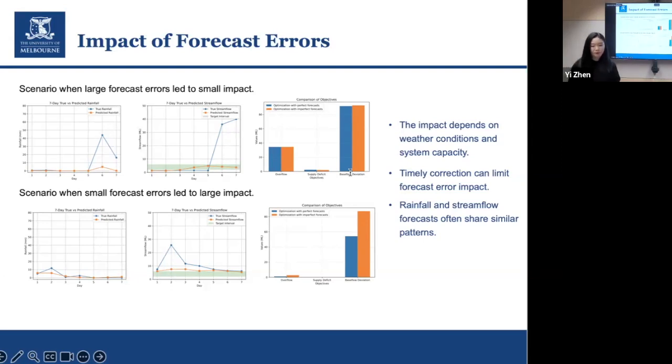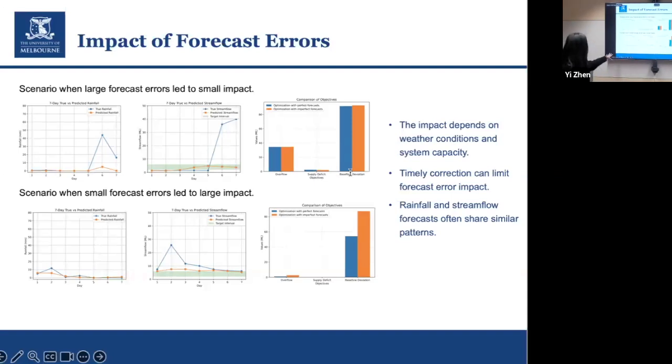And also because we apply the model predictive control and update the forecast every day, if a large forecast error gets corrected in time, its impact on the system can also be limited, which is also likely to be the case here. In contrast, a relatively small forecast error can lead to a large impact on the system as well.